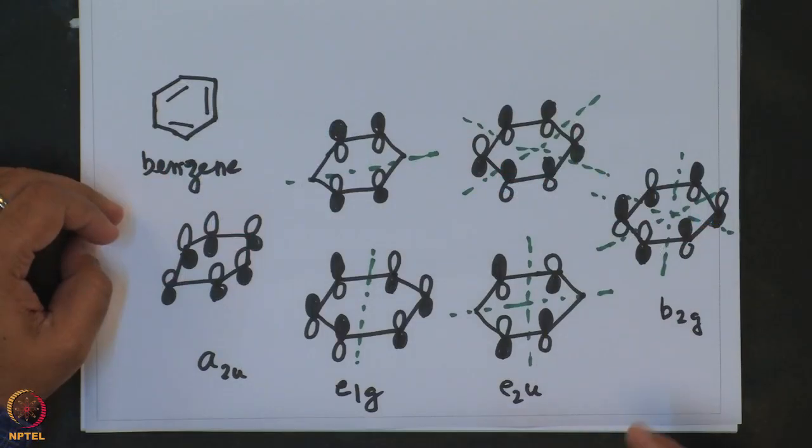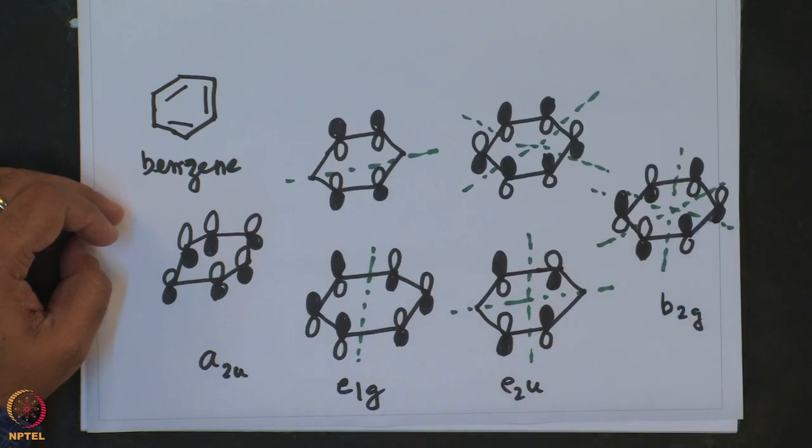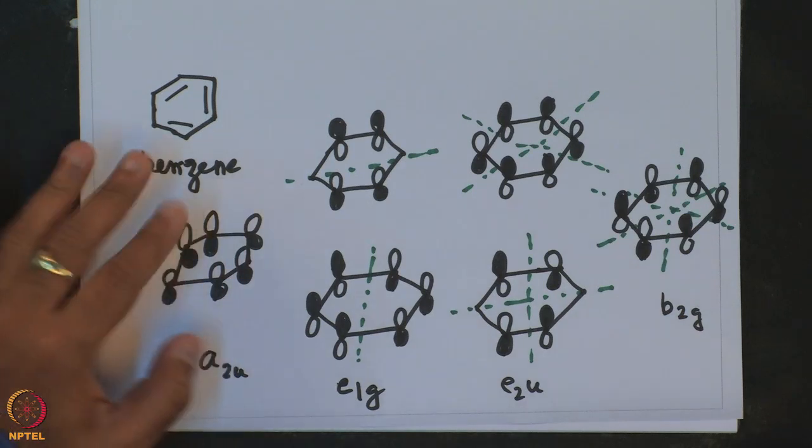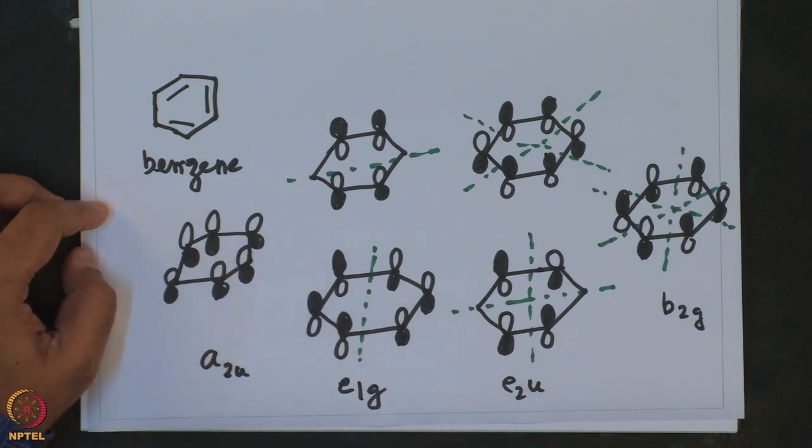Now, if you look at these benzene atomic orbitals, you see there are 6 pi orbitals. So, there should be overall 6 fragment molecular orbitals in combination, and we do have 6 over here: 1, 2, 3, 4, 5, 6. Of the 6, the distribution is: the first one is fully bonding with 0 nodal plane.